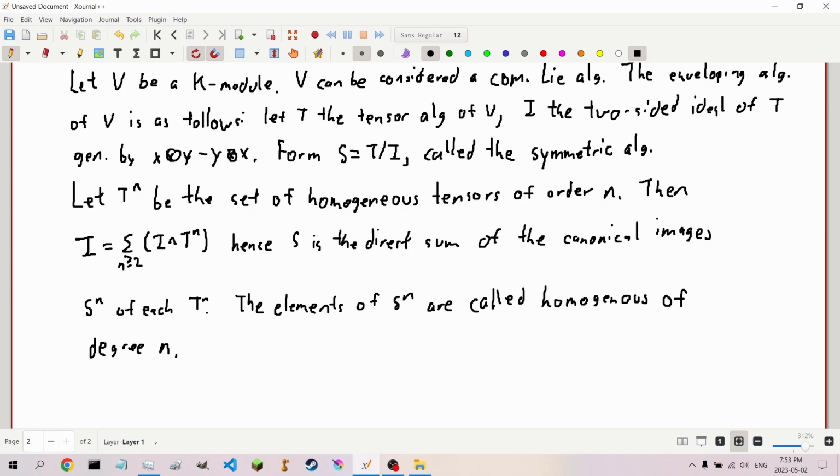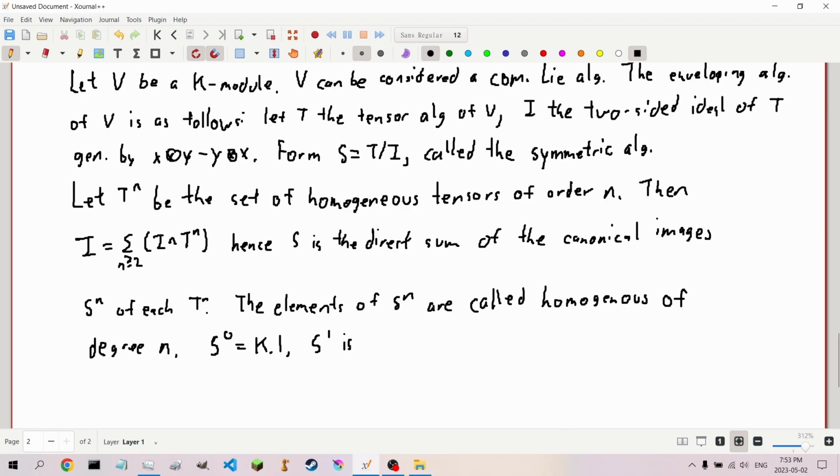Well, looking at the ideal I, the generating terms are all of order 2, and so everything in I has to be at least order 2. Alright, so we're going to call S0 the scalar multiples of 1 from K. As always, this is our base element.